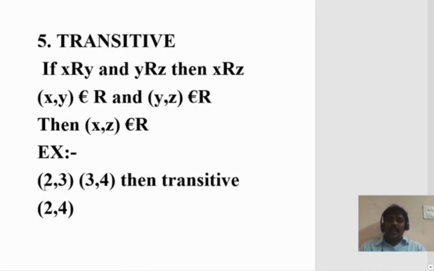If 2 comma 3 belongs to R and 3 comma 4 belongs to R, then it must satisfy that 2 4 belongs to R, then only it is transitive, otherwise it is not transitive. 2 3 means x comma y, next y comma z, then xz. Xz means 2 comma 4, that also belongs to R, therefore it is a transitive property.